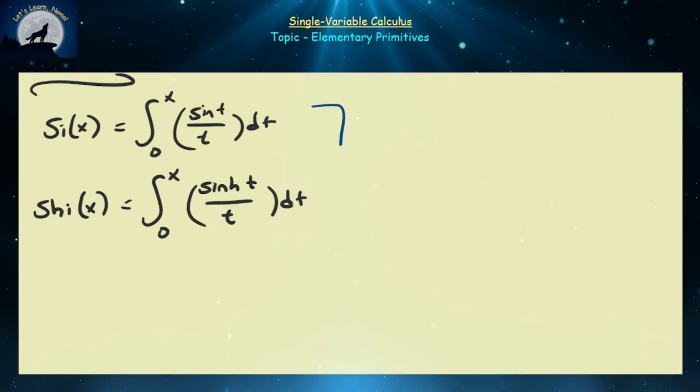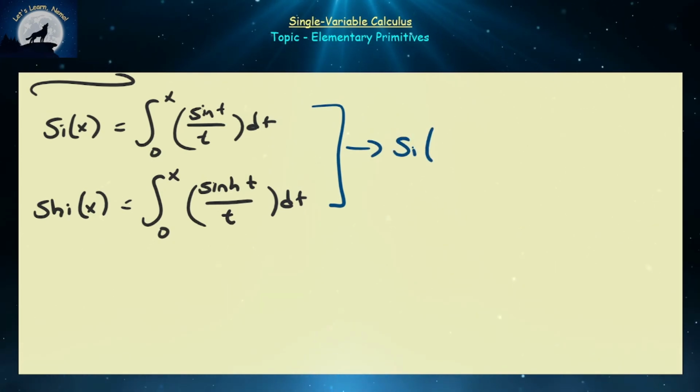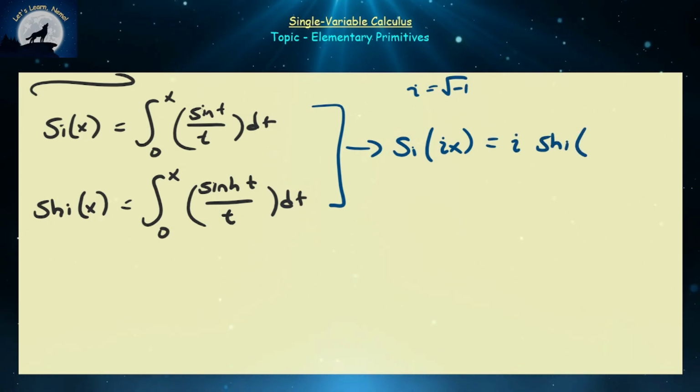And these actually have a very interesting connection. If you do the sine integral evaluated at ix, where i is the square root of minus 1, you can actually show that this is equal to i times the hyperbolic sine integral of x. So these two special integral functions are connected in a very interesting way.